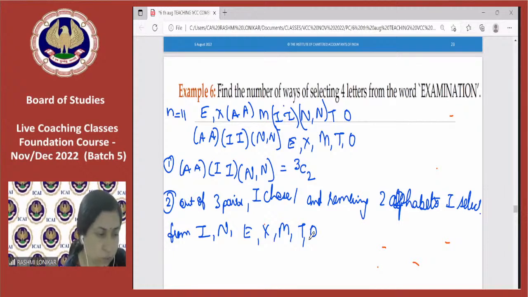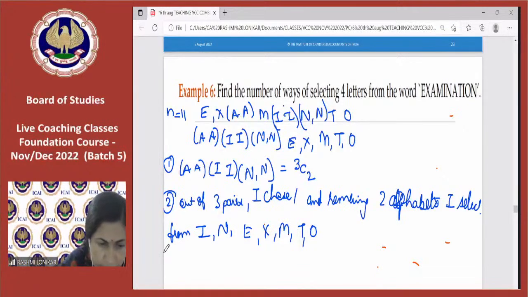Okay. Have you understood here? So how many do I select? From here, I select 2. Okay.